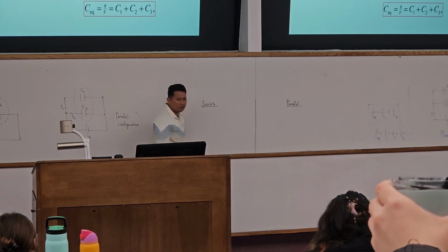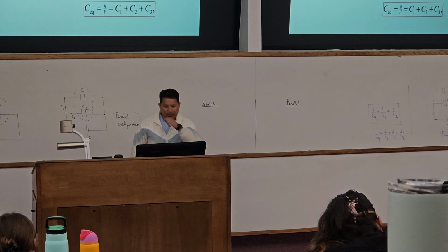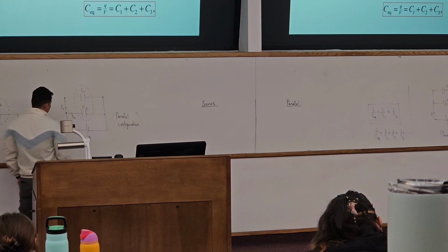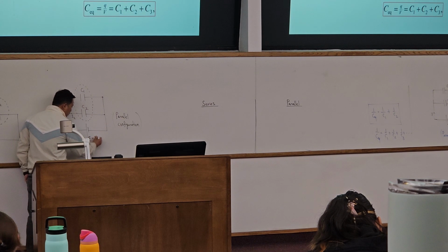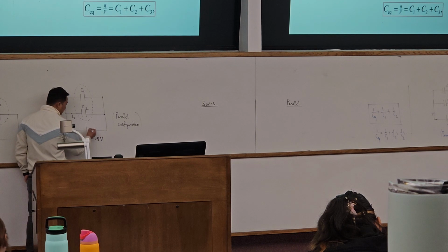One very important point over here is that if you have capacitors in parallel, let's say you have a battery that provides 1.5 volt across this terminal. This terminal is the same as this terminal, and this terminal is the same as this one.